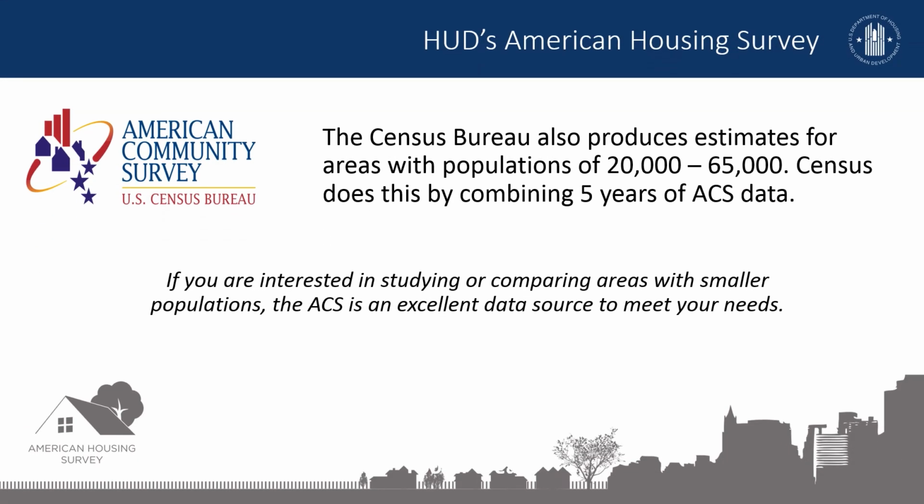It is important to note that the Census Bureau also provides estimates for areas with populations of 20,000 to 65,000. Census does this by combining 5 years of ACS data. Since the AHS is longitudinal, surveying the same housing units, it cannot combine samples like the ACS. If you are interested in studying or comparing areas with smaller populations, the ACS is an excellent data source to meet your needs.